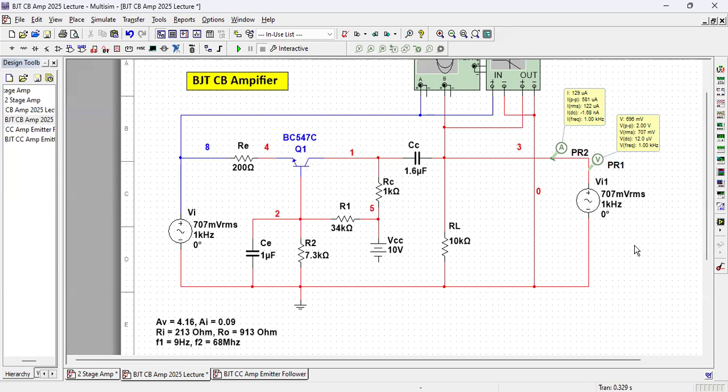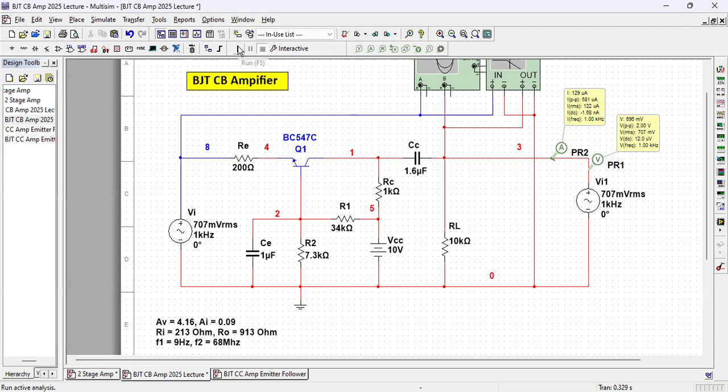So 2000 divided by 0.581 is equal to 3.4 kilo.